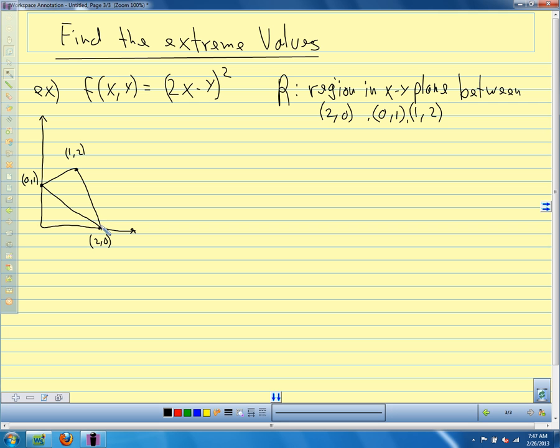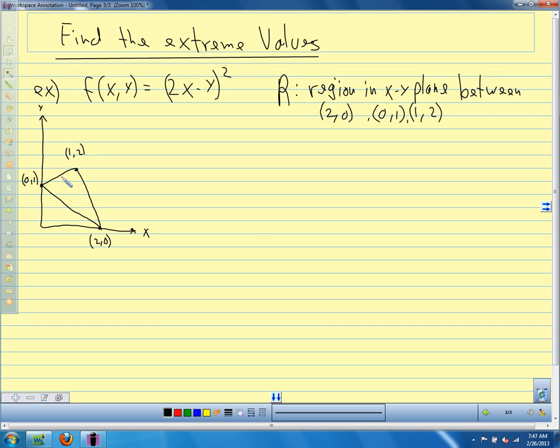So we have some function z that's up here above the xy plane, and we want the extreme values of z that are bounded by these boundaries in the xy plane. So that triangle is our boundary.